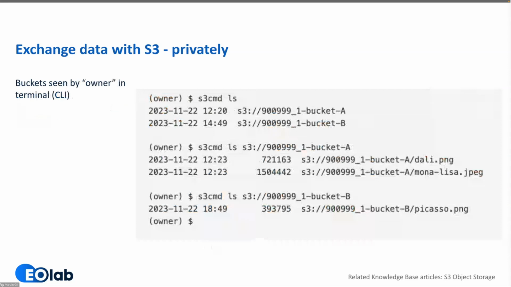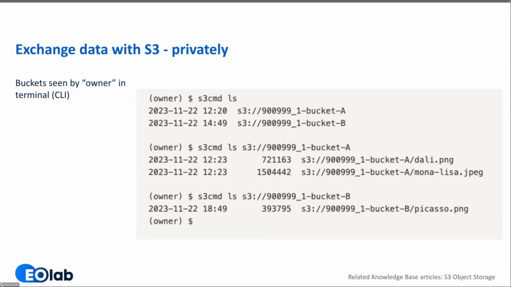And now you can see that the owner can use S3CMD to list the buckets and list the files stored in the bucket. So the owner can see bucket A and bucket B and what's inside.